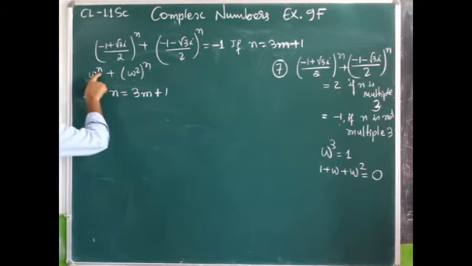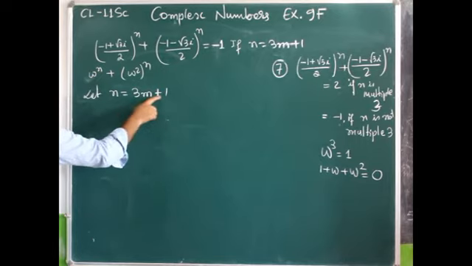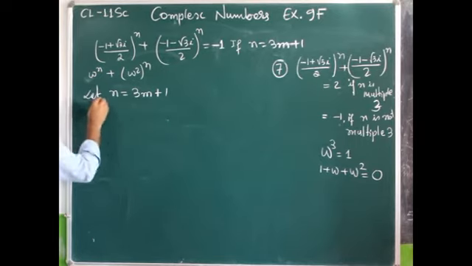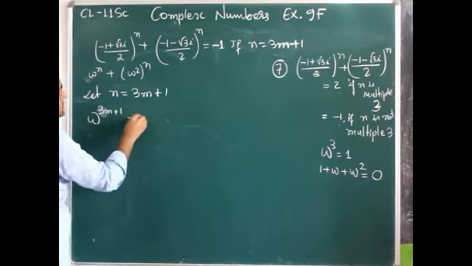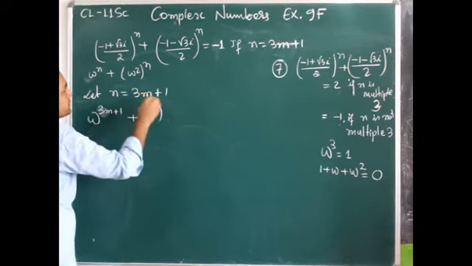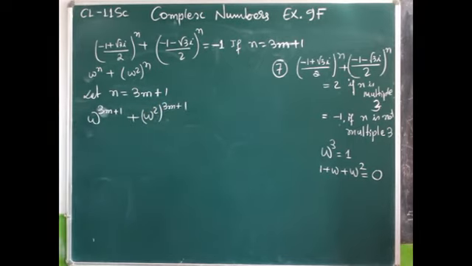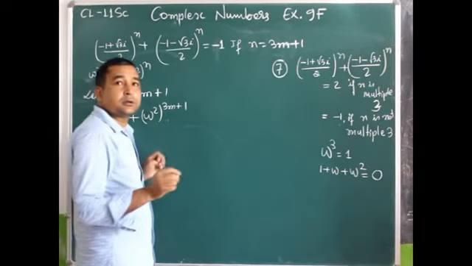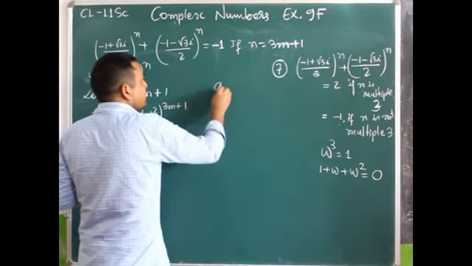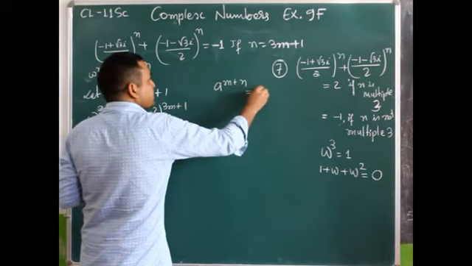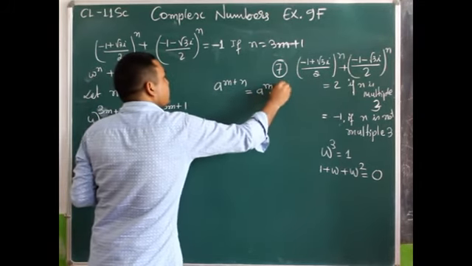Now let's replace n by 3m plus 1. So omega to the power 3m plus 1, plus omega squared to the power 3m plus 1. Now, according to the exponent property, e to the power m plus n can be split as e to the power m times e to the power n.